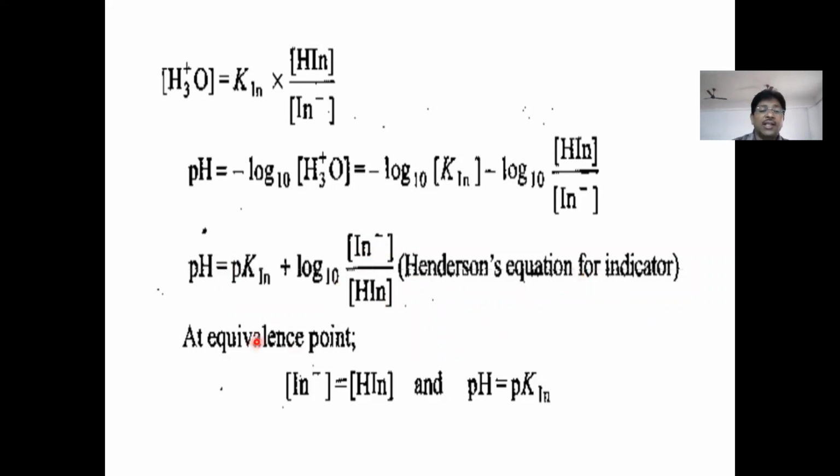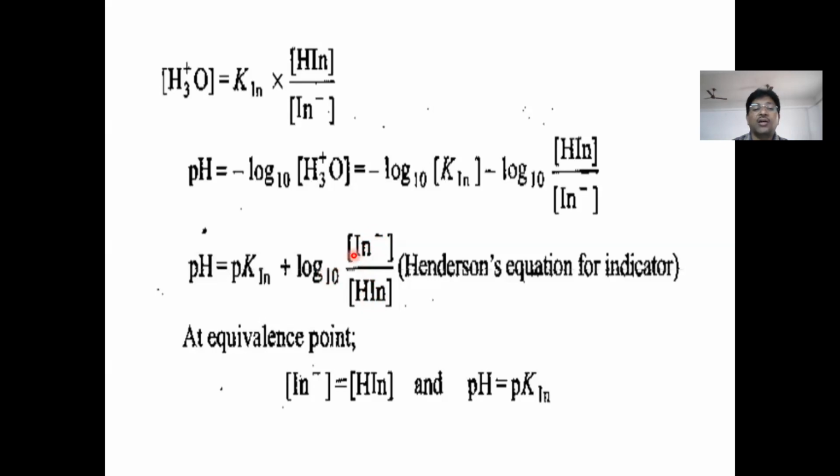Now at the equivalence point, that is at the end point, the HIN concentration and IN minus concentration will become equal. At the end point, IN minus becomes equal to HIN.